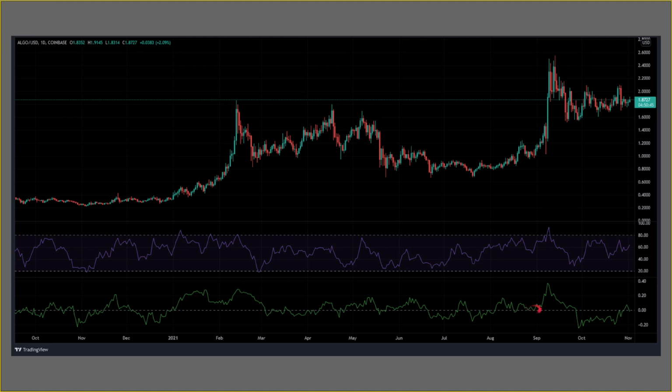Twice selling volume failed to fall below this level. That's an indication that buying pressure was increasing and taking over. If selling pressure was increasing, we would have fallen below here. So this was a sign that selling pressure was attempting to fall below, didn't, it failed, and now we could have entered here at some point and then rode this up. As we saw, it climbed quite a bit.